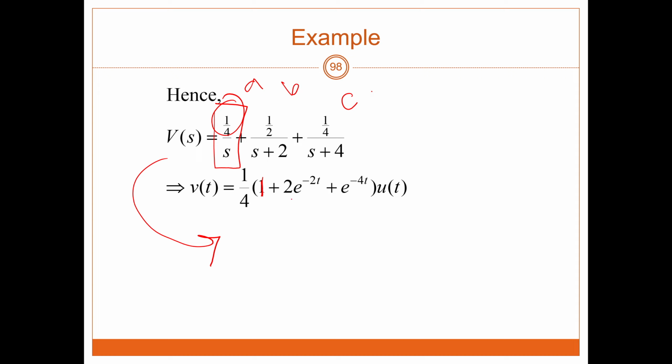Then 1 over 2, here we rearrange, the coefficient will become 1 over s shifted by e to the minus 2t, where we know that this is the alpha from the table, and also 1 over 4 e to the minus 4t. Either you are using the shifted properties or directly from the table. ut is causal, so now you can find the value of vt.